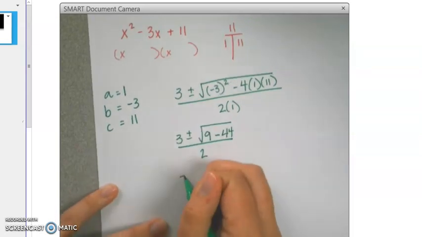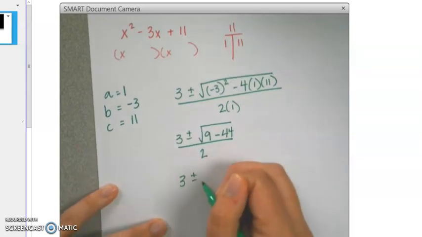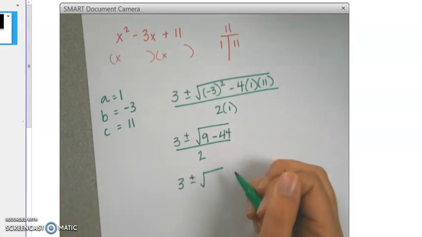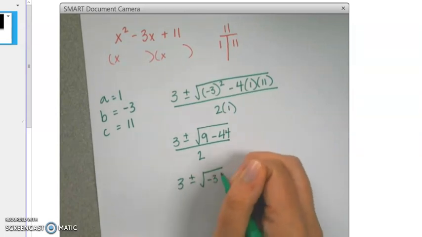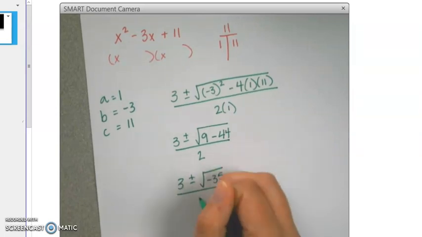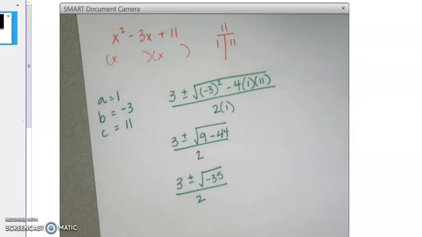Simplify a little bit more. I get 3 plus or minus the square root of 9 minus 44, which is negative 35, over 2.